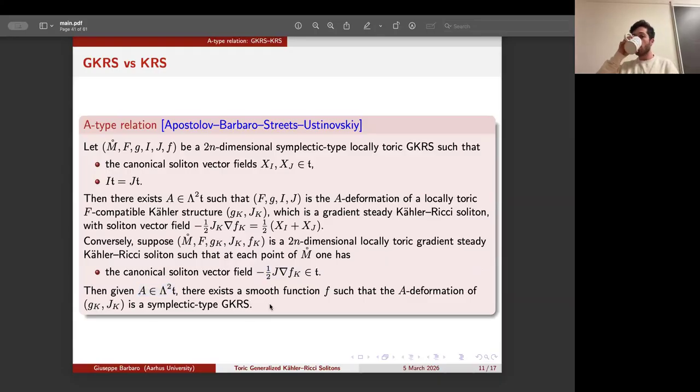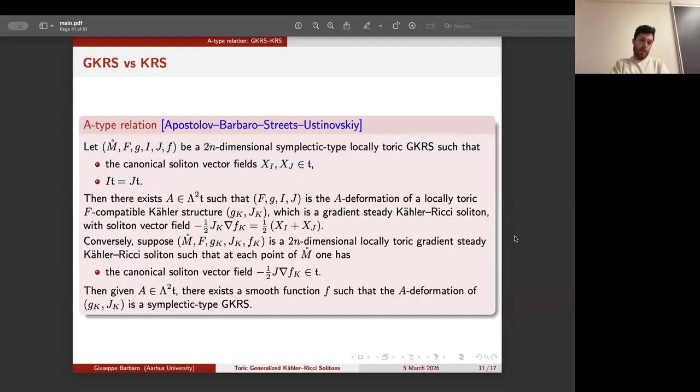And as we saw in the beginning, we already proved that our motivational case, the fourth dimension, is satisfying all these conditions.